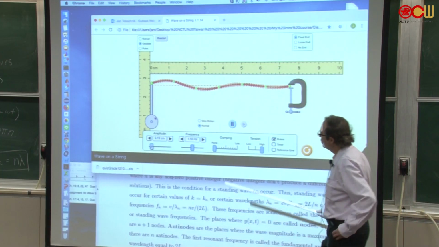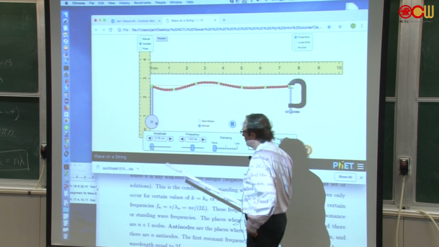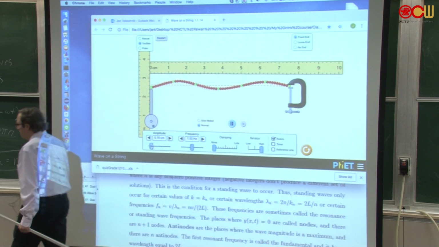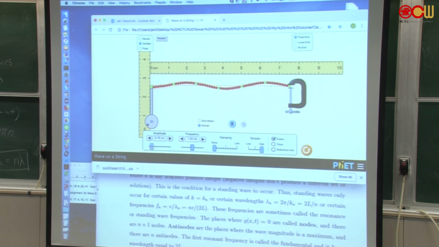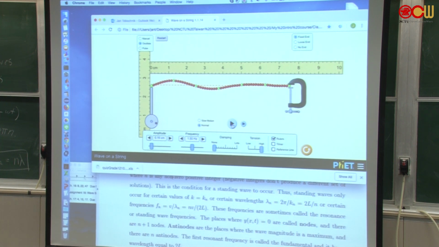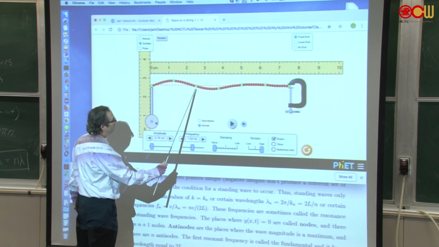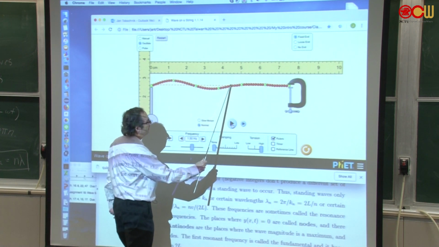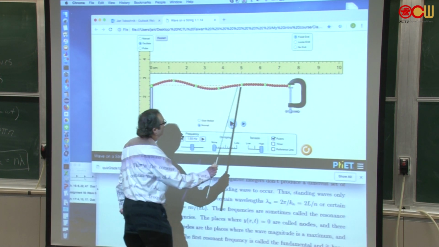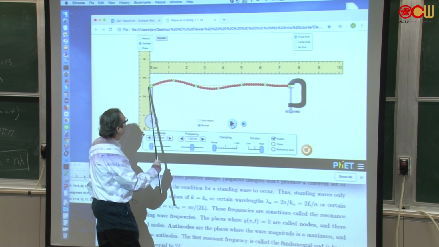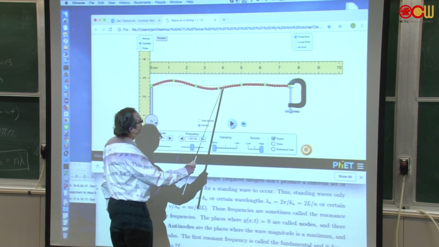Okay. What would you say the wavelength of this is? Let's see if I can stop it in mid-frame. All right. So roughly, this is the wavelength right here. Okay, and then it goes through another there. All right, so that's the wavelength right there.